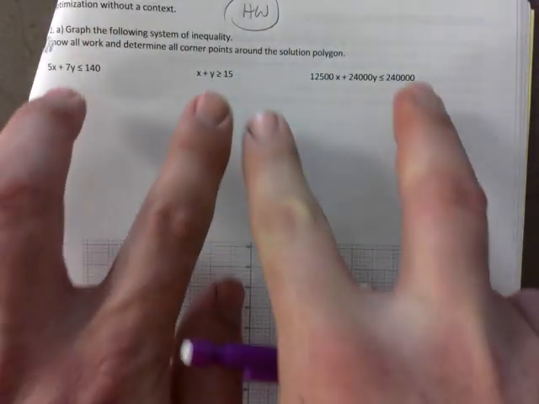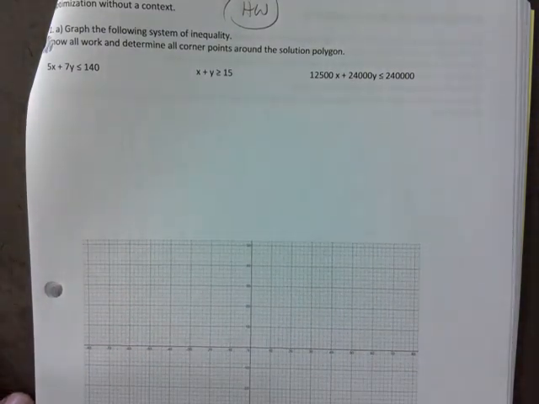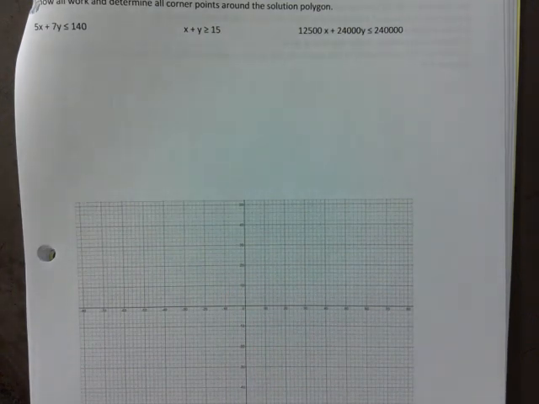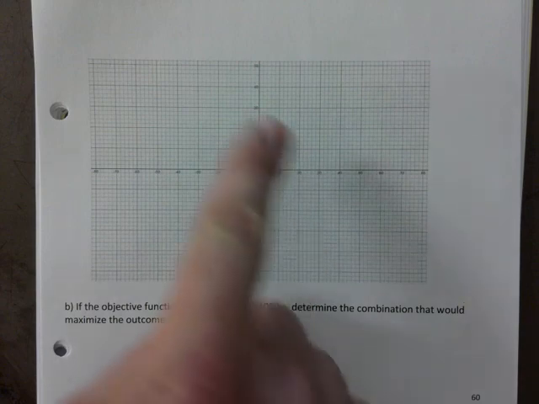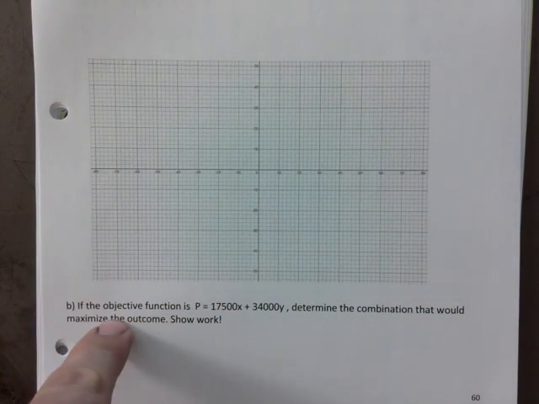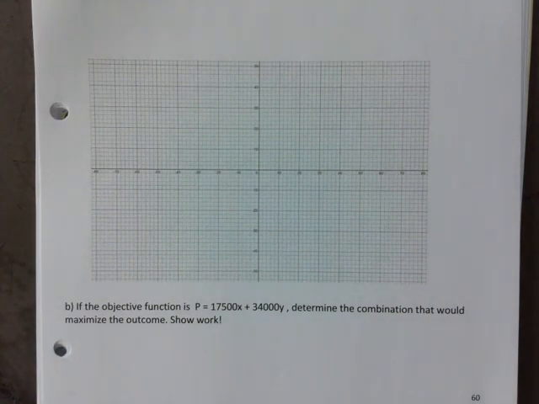I will ask you to do the work you need to graph these things. I give you a nice grid there. It will fit on here, I guarantee that. And then at the end it says, here's the objective function. Find the POIs, plug it in, and see which one would maximize the outcome. One question. I think you can do it.